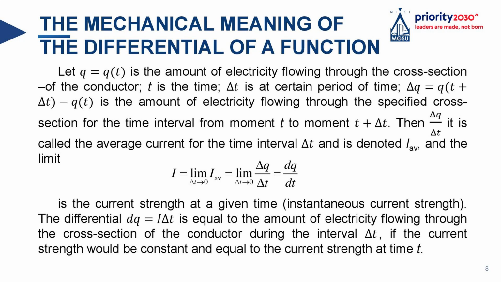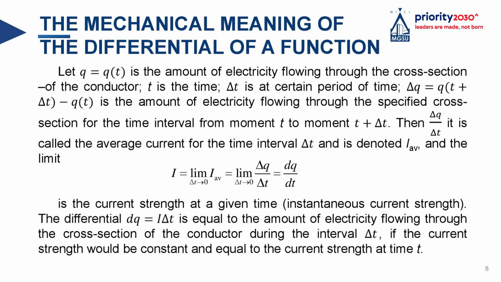Then delta q over delta t is called the average current for the time interval delta t and is denoted I average, and the limit I. And the formula of I, which you can find in the presentation slide.